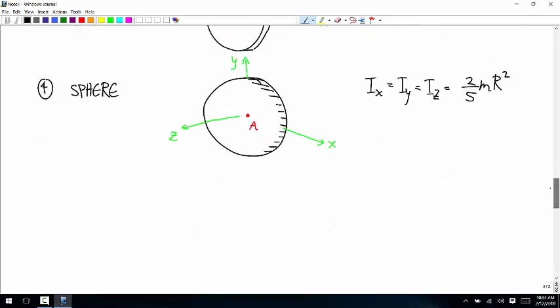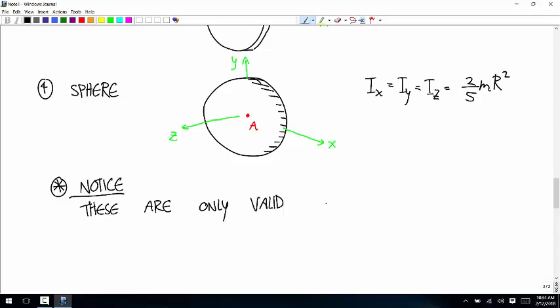Okay, so one thing to notice here is these formulas only work for a single about point. These are only valid for the about point at the center.